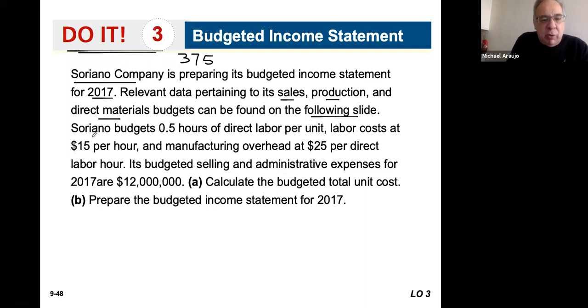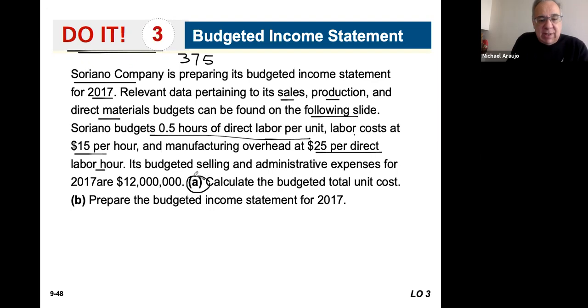But we do know that they budget a half an hour for direct labor per unit. Labor costs are $15 an hour. And their overhead is $25 per direct labor hour. So its budgeted selling administrative expenses were 12 million bucks. Okay, so this is information we have to know going into this.